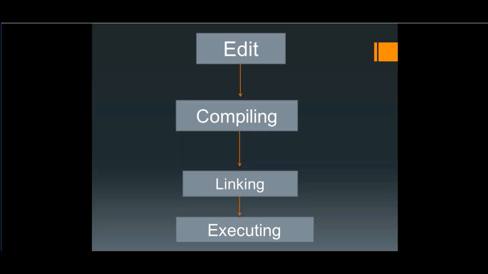This will produce then an object file with a .obj extension. Okay. After that, you need to link that object file. Then there is a linking process. After linking, it will produce an .exe file which you can open and run the program.